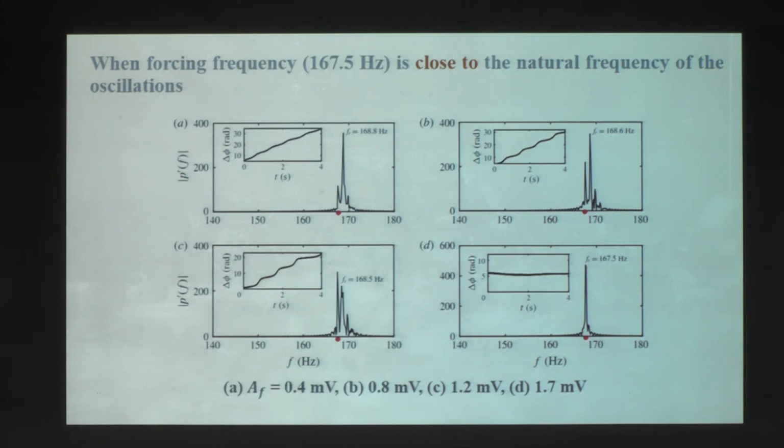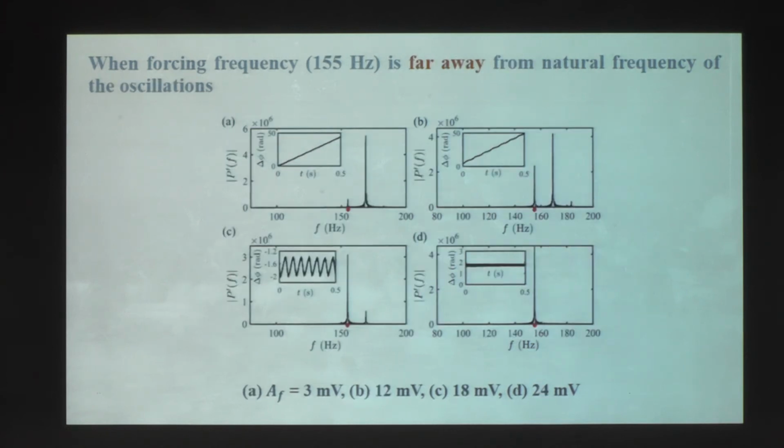The second observation is the frequency values: this is 168.8, then 168.6, 168.5, and finally 167.5, which is the forcing frequency. So when we increase the amplitude, the natural frequency moves towards the forcing frequency and gets locked. This mechanism is known as the phase locking mechanism.